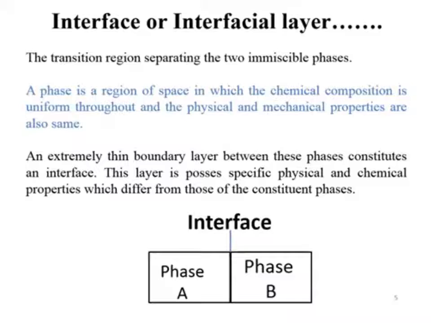It means that a phase of a matter is basically a region of space, meaning it occupies some place, some region, in which the chemical composition, physical properties and mechanical properties are all uniform throughout, all the same.